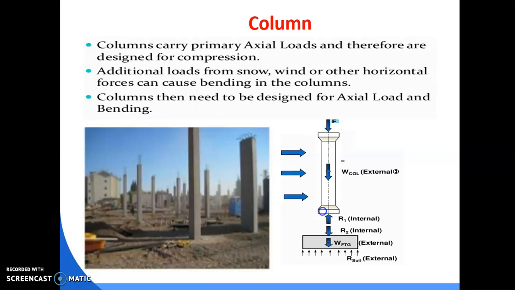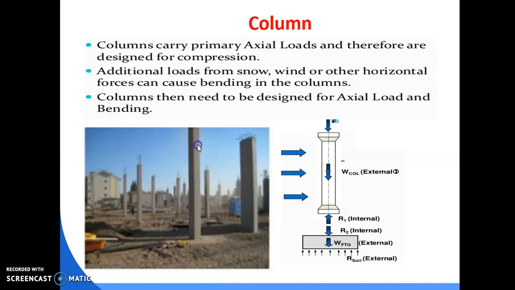Primarily, these vertical structures carry axial loads along the downward direction, which are also known as compressive loads. While supporting the beams, there are some additional loads due to the blow of wind, snow, and other horizontal forces that can cause bending of the column. So before we design the column, we have to take the concept of axial load and bending.